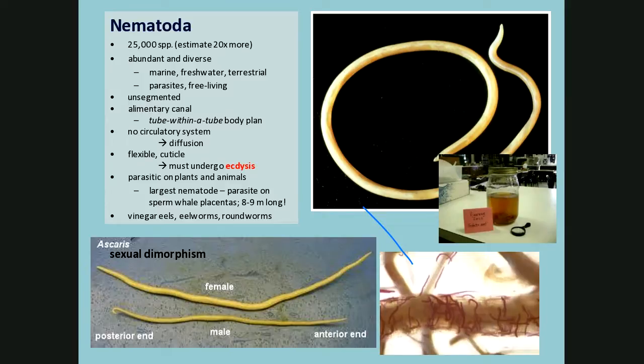As a matter of fact, the largest nematode on record is a parasite that parasitizes sperm whale placentas, growing up to 8 to 9 meters long. That's a huge nematode, right? A lot of marine mammals, cetaceans and whales, many times, or I could almost say probably every time, the young that are born out in the wild already have a parasite load.